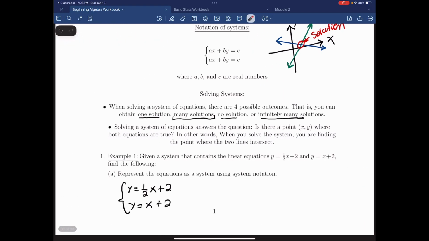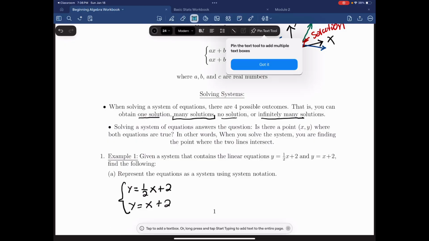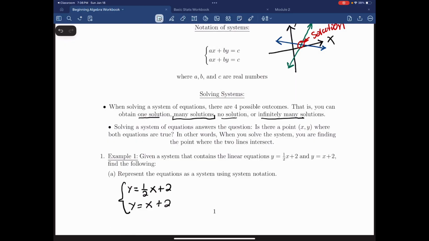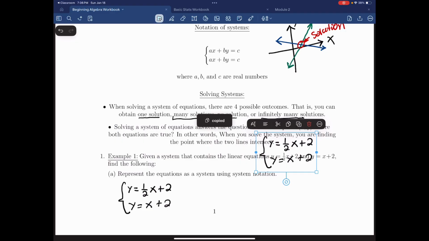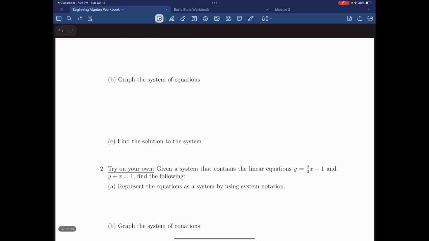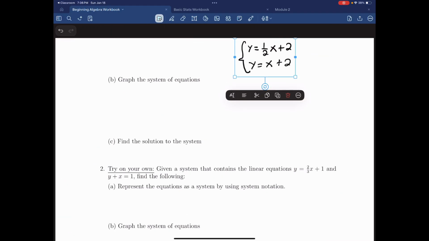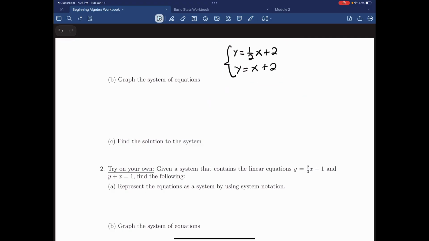I apologize for not having all of this on one page. I'm just going to move this to the other page. There we are. So we're asked to graph the following system of equations.